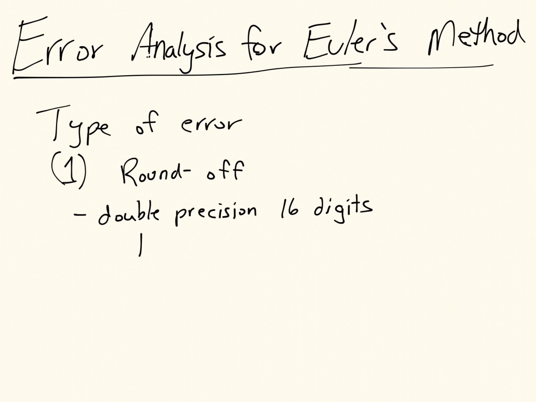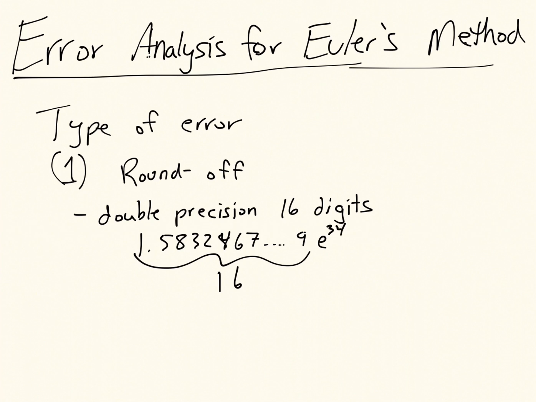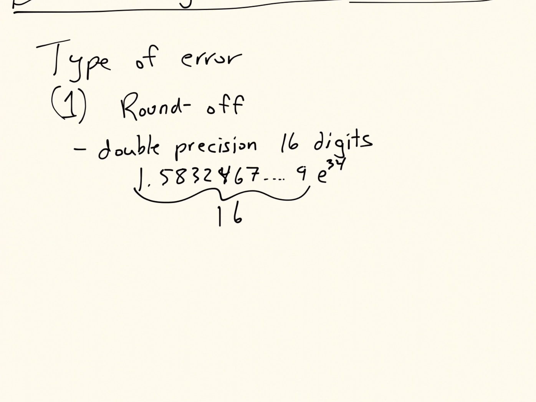It means you can have a number like 1.5832466, and so on, where we have 16 digits in total. We can also have an exponent, so at the end of this number we might have e to the 34th. So we can represent very, very large numbers and very, very small numbers, but you will only have about 16 digits to work with. Keep that in mind. In most applications, it doesn't really come into play, but in some situations it does.